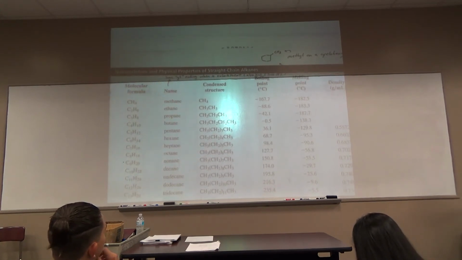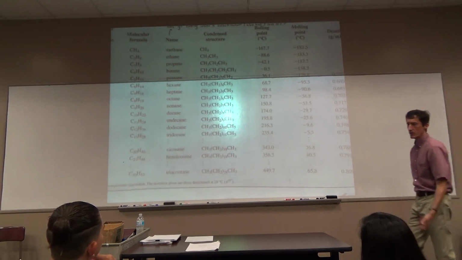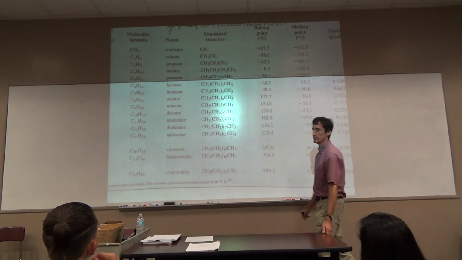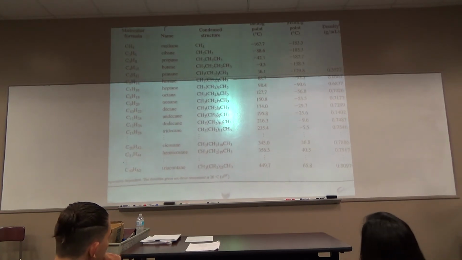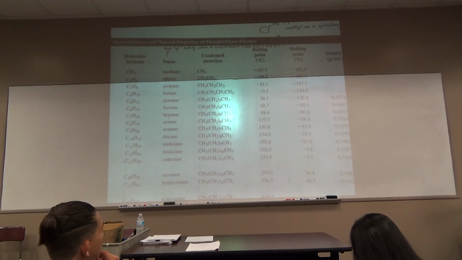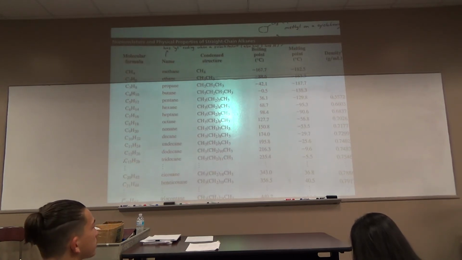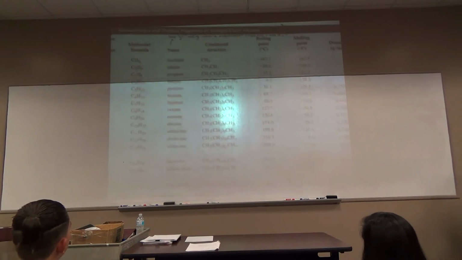You can use common names sometimes. On questions, I may say IUPAC only, or I may say you can use common names if you want. As an organic student, I would recommend you be familiar with common names. Any other questions?